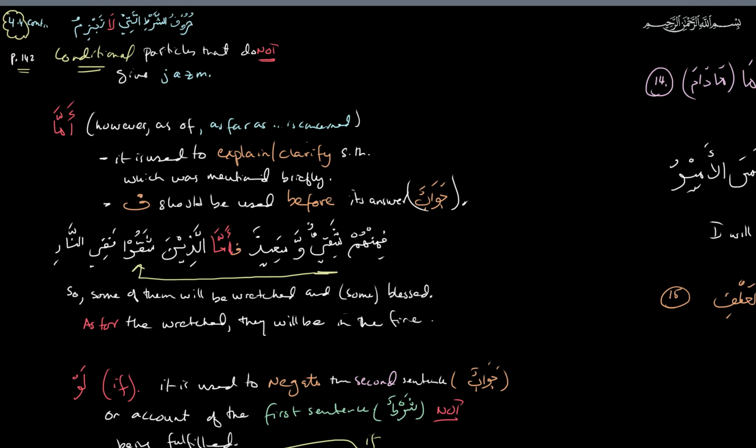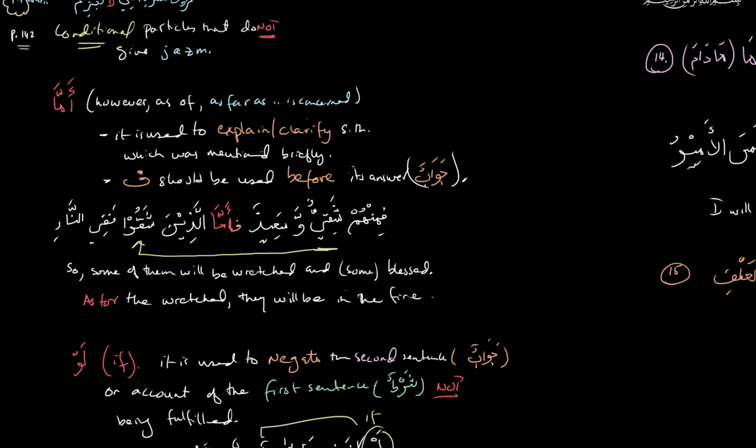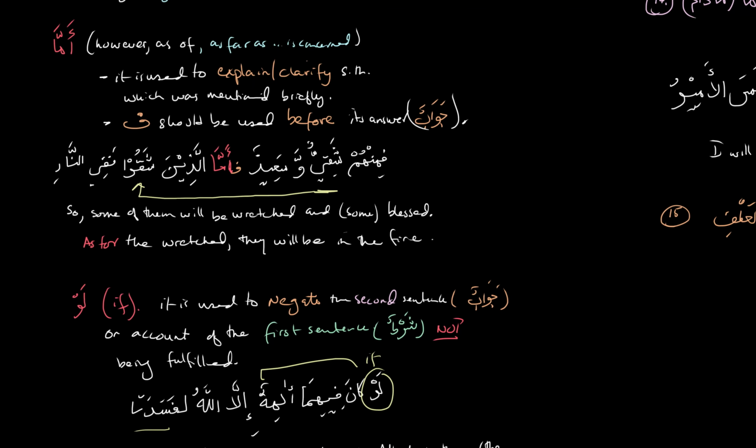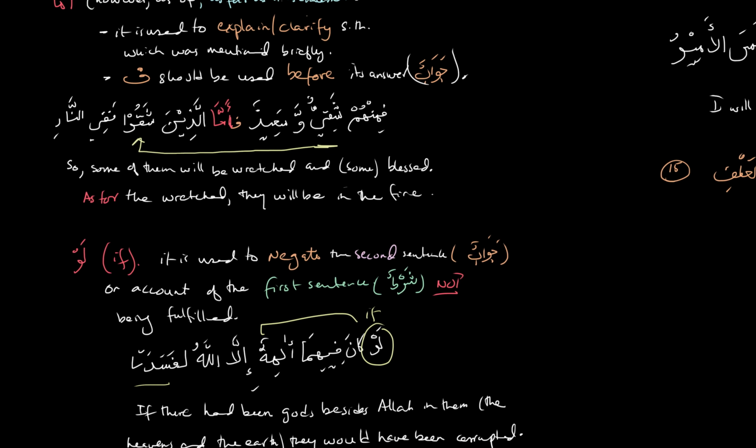We talked about huruf ash-shart allati la tajzim, which included amma, which means however, as for, as far as, and use fa before the jawab. فمنهم شقي وسعيد فأما الذين. So it's used to explain and clarify.